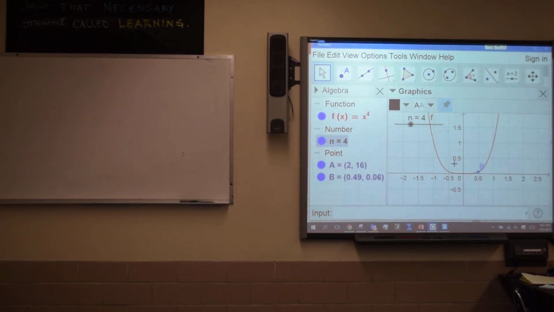So numbers between 0 and 1, as the powers get larger, you start to see that those values start getting closer and closer to 0, don't they? So the larger the exponent, after 1, the y values are getting very, very large. They're getting closer and closer to infinity. Between 0 and 1, your y values are getting closer and closer to 0.